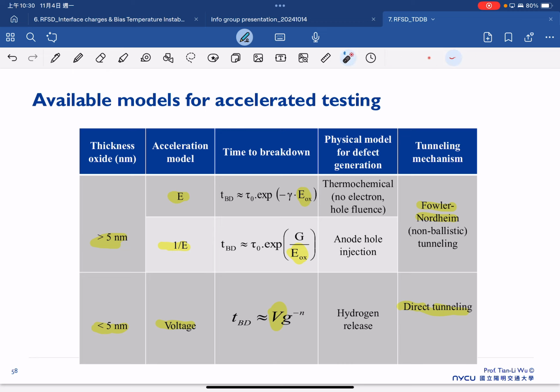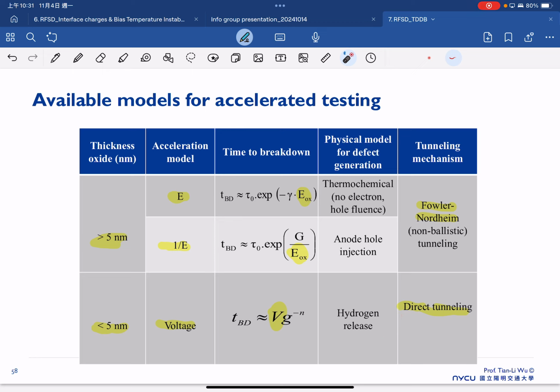And here is some more detail related to the physical model. Some people say the 1/E model is related to the anode-hole injection. The E model is related to the thermochemical, and the voltage model is related to the hydrogen release.